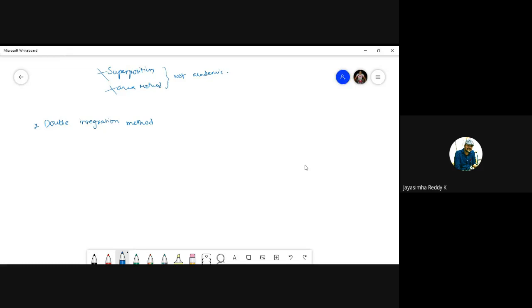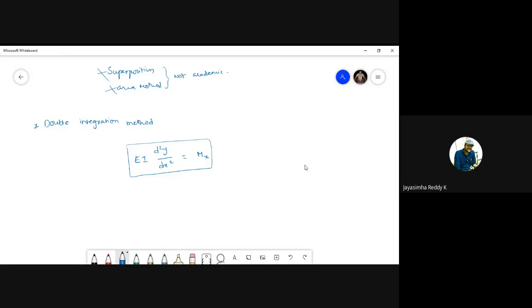To get y, we have this equation, students: EI into d square y by dx square is equal to Mx. So this equation has to be double integrated to get y.